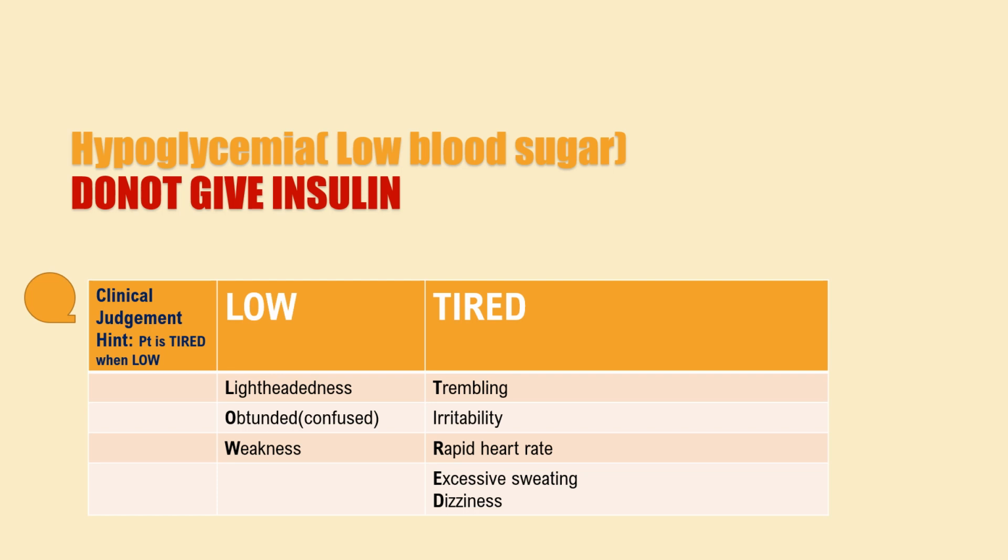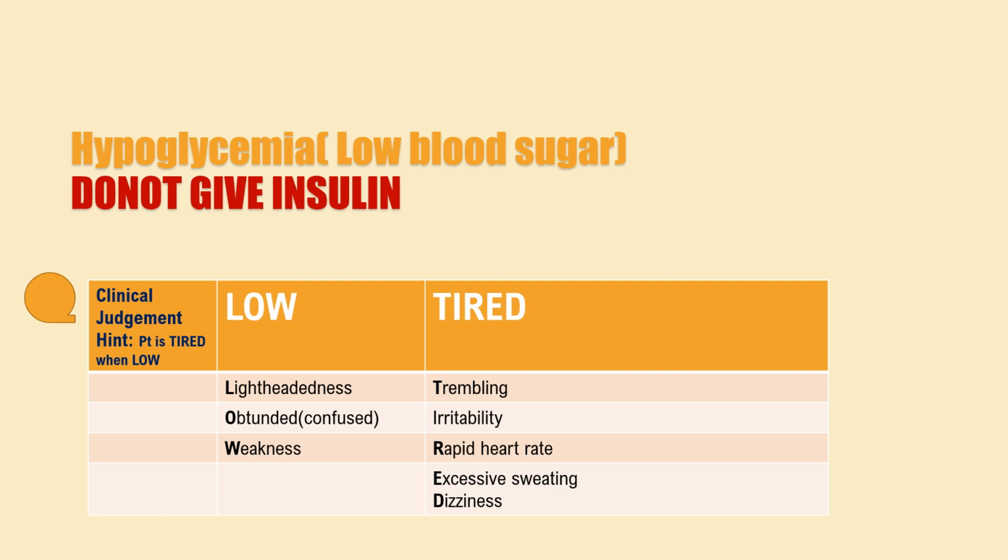If a patient is hypoglycemic, again, you don't want to give a patient insulin if they're hypoglycemic. Say if a patient's blood sugar is in the 40s, okay, you don't want to give them any kind of insulin. All right, so these are some of the symptoms you'll see in your patient. The acronym I use here is low and tired.